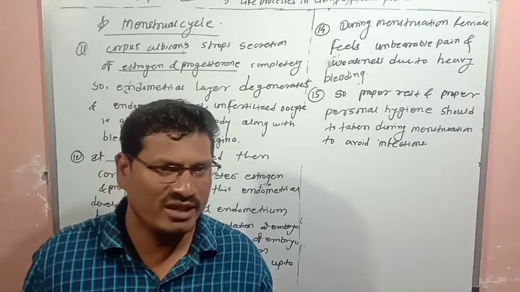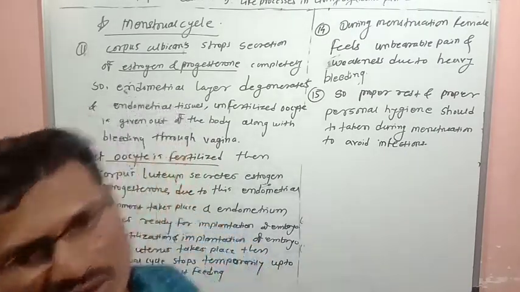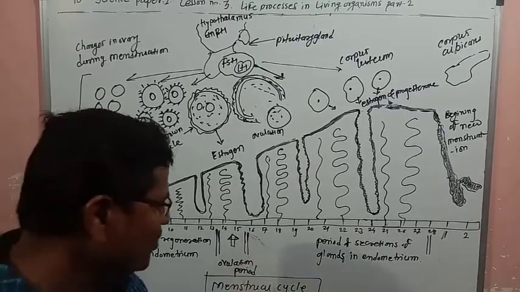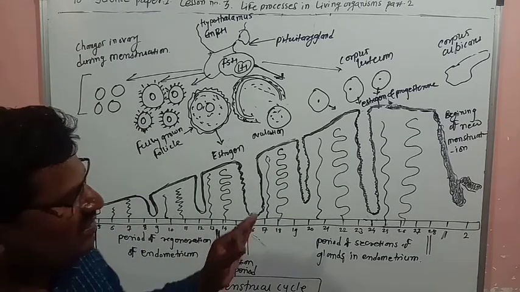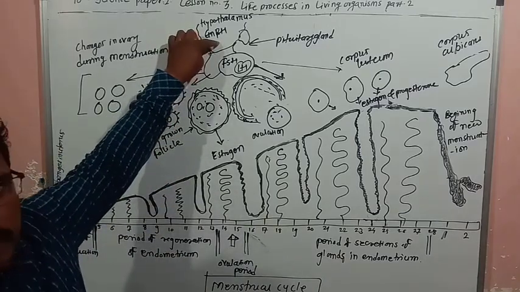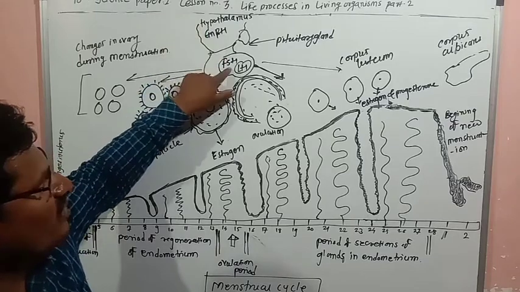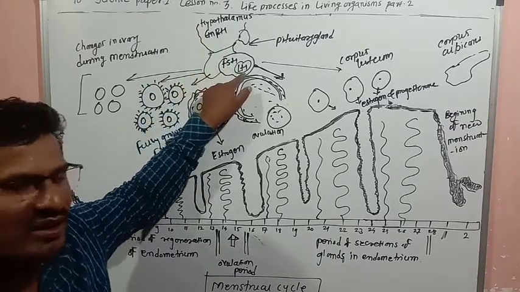Now we'll draw the diagram, and with the help of the diagram I will explain. So this is the diagram of the menstrual cycle, and in this diagram we'll see which changes take place. So the pituitary gland is there. That pituitary gland has hormones, follicle stimulating hormone and LH, luteinizing hormone.